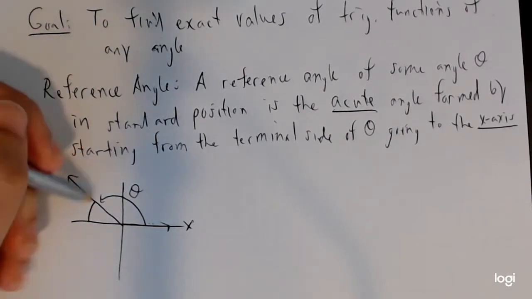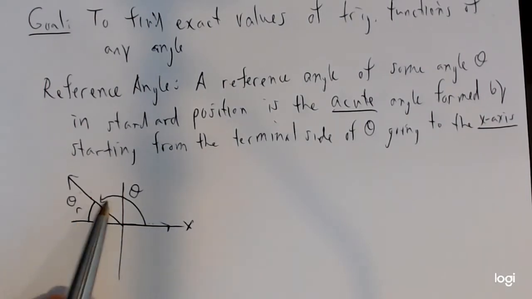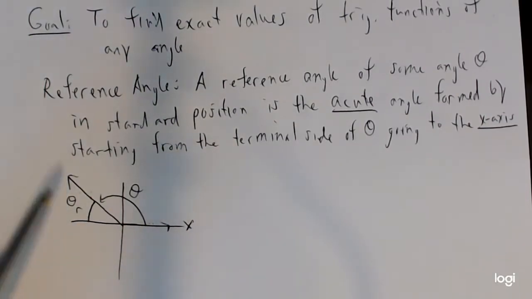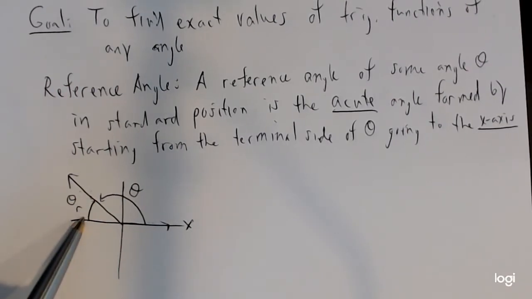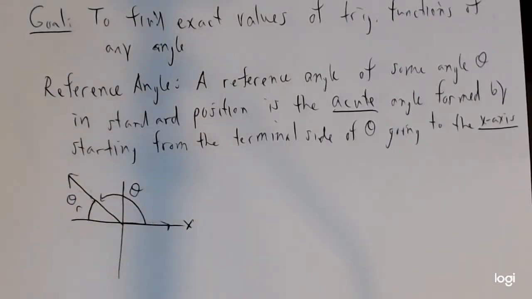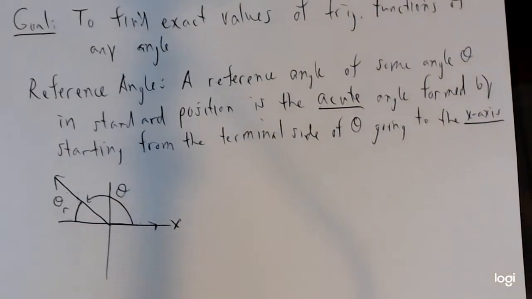So this, which we can call theta sub r, is the reference angle of theta. Notice how I started from the terminal side of theta and I went to the x-axis. You could argue that I could go to the x-axis two ways, but obviously I want to go the way that makes it acute. That's why I identified it, okay?